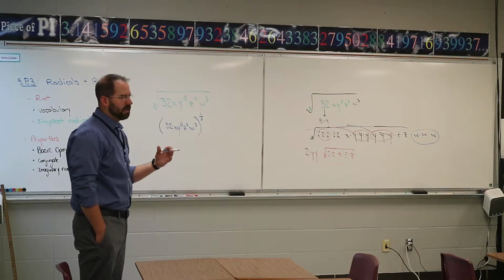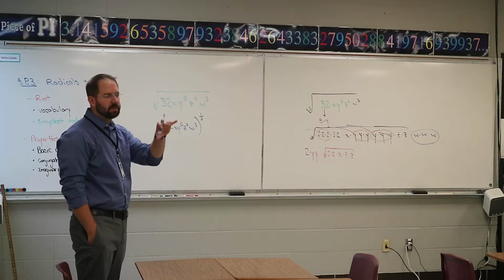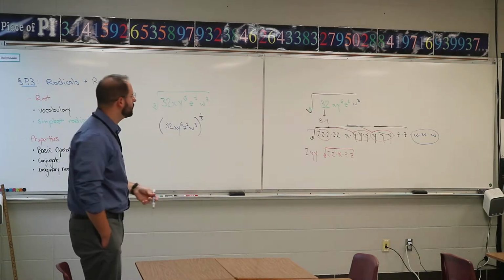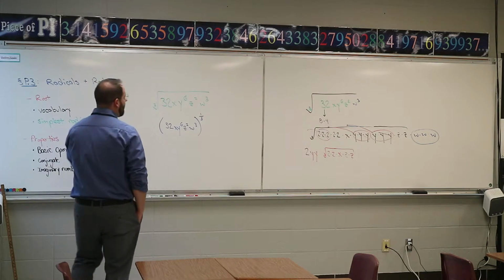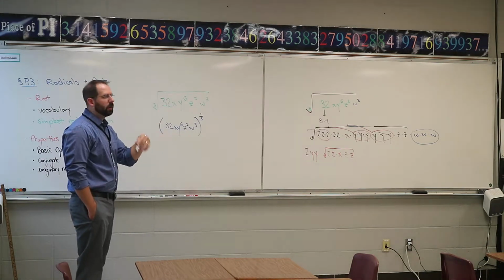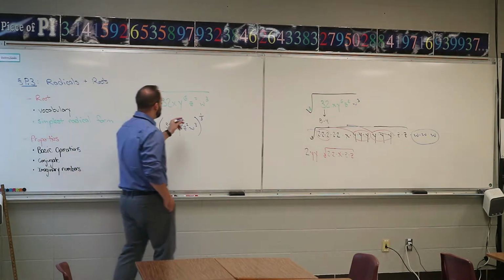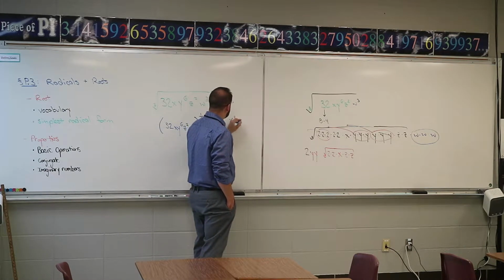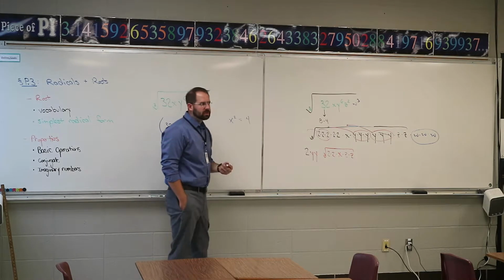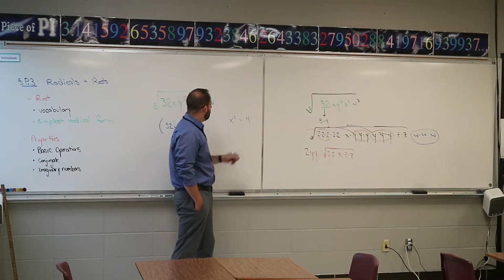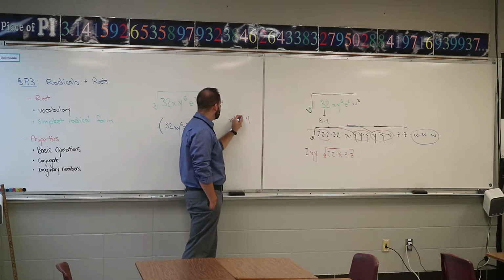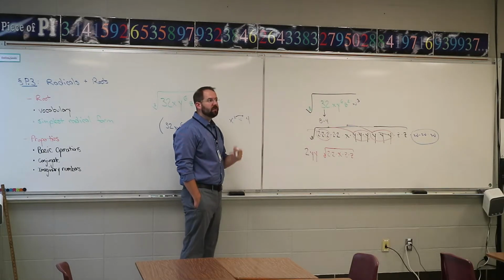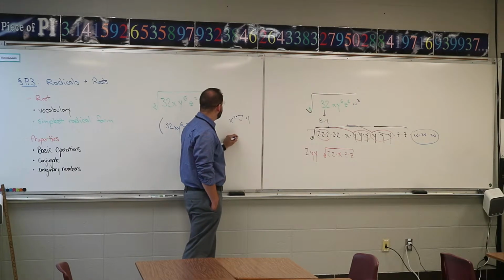How many people have actually seen that before? Okay, so good. At least some of you have, or at least you remember it. You're allowed to do that in any type of radical. It could be a square root, fourth root, you just put a power of 4. Now, why that actually works is if you go back to exponential equations, a quadratic, when you take this power to the other side, power of 2, the inverse of it is actually a half.